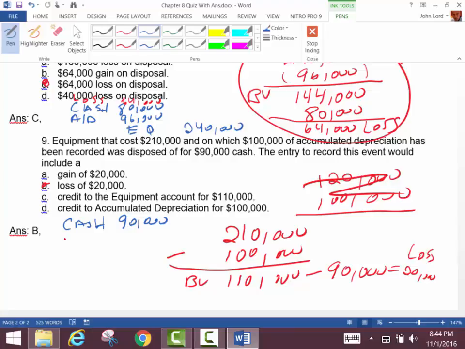Debit the accumulated depreciation for 100,000. Okay, good. What else? Loss of 20,000. Debit the loss for 20,000. Yes. Credit the equipment for 210.